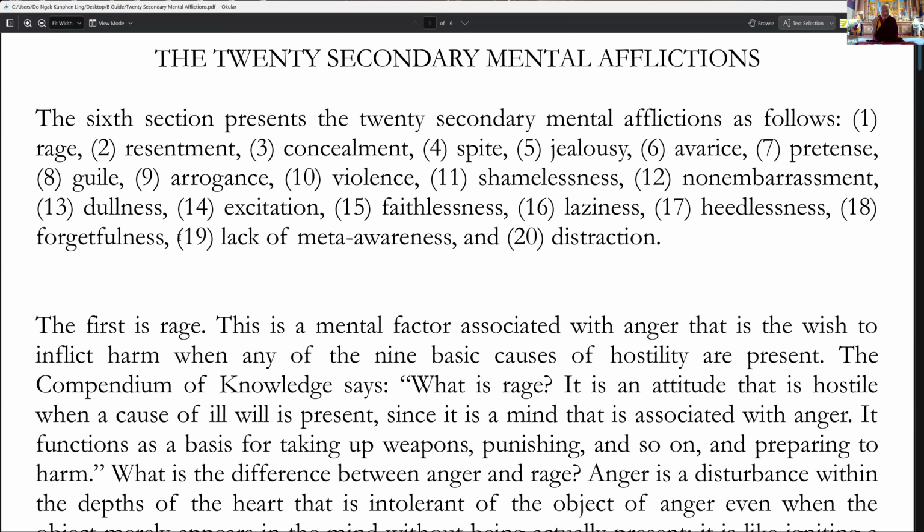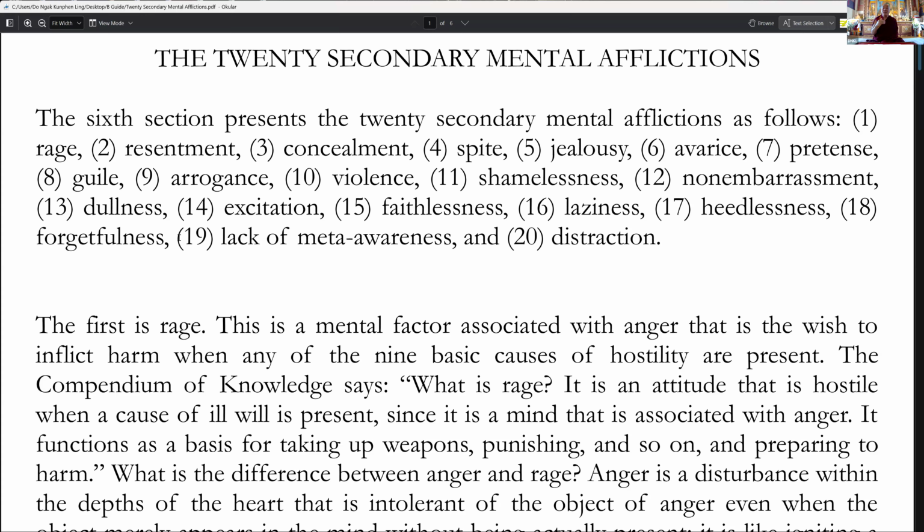And the other 10 are pretense, guile, arrogance, dullness, excitation, faithlessness, laziness, heedlessness, forgetfulness, and lack of meta-awareness.